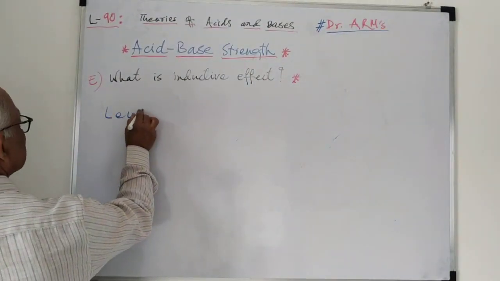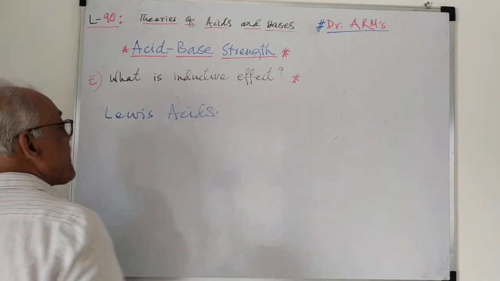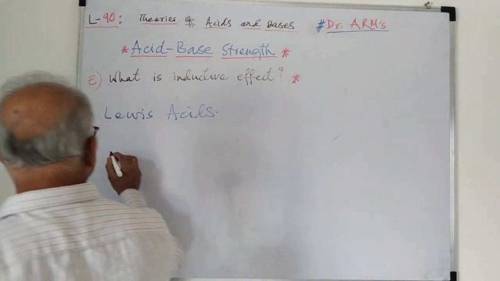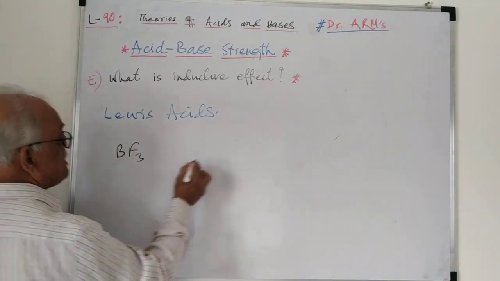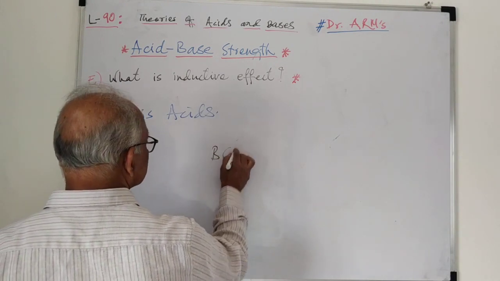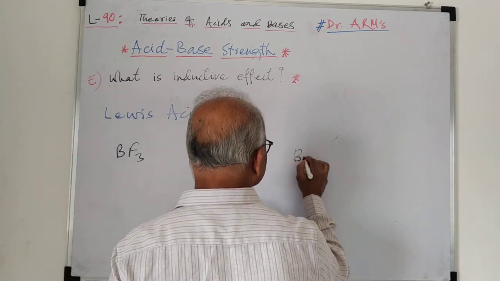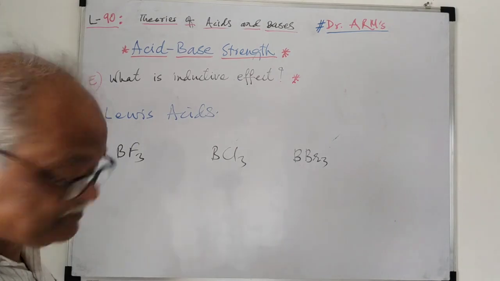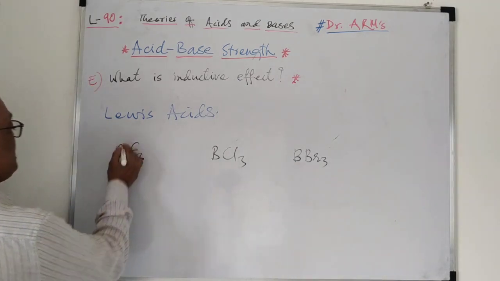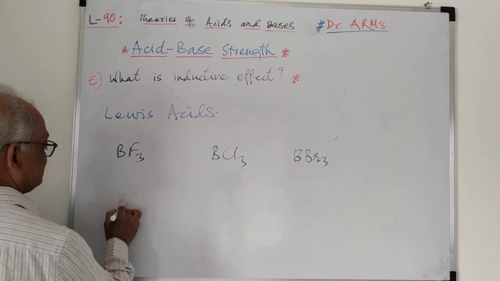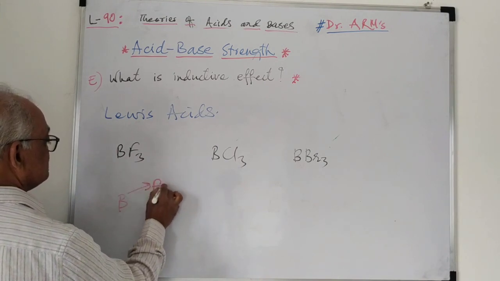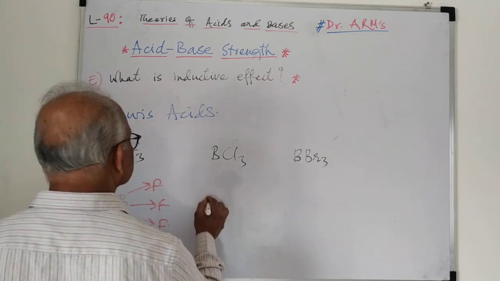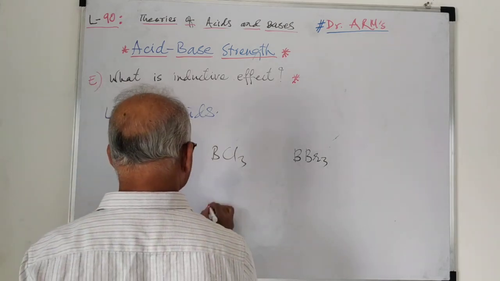In case of Lewis acids, we will take simple examples such as BF3, BCl3, BBr3.